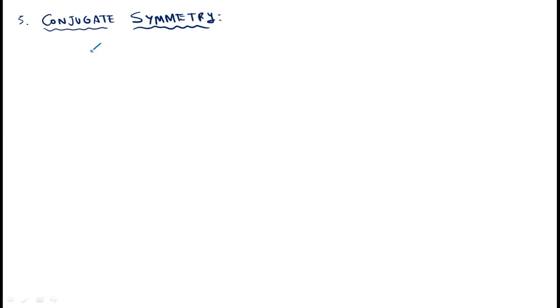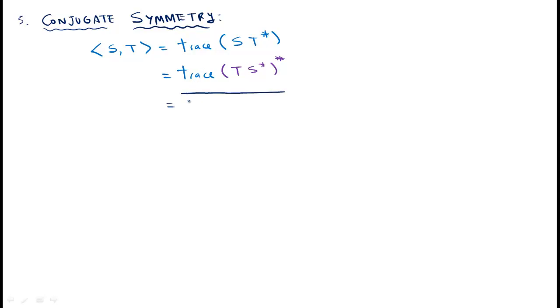Take the inner product of T and S. This is equal, by definition, to the trace of T times S adjoint, and by the property of adjoint, which reverses the order of the products, this is equal to the conjugate of the trace of S times T adjoint.